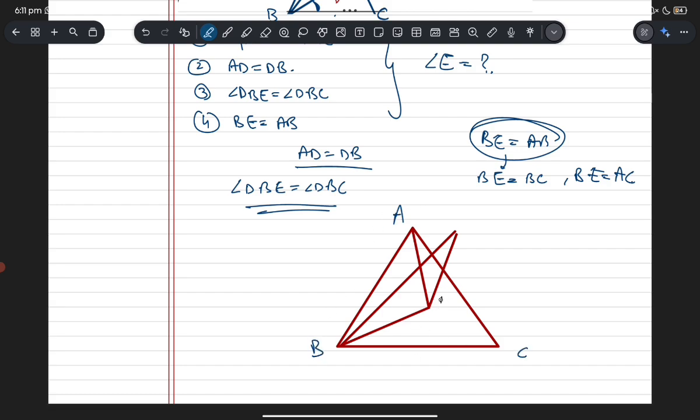This is D. And this is E. We saw this to be equal to this. Why? Triangle ABC is equilateral. And this is equal to this. So this is equal to all three sides. We have also been provided that these two angles are equal. We should have the intuition to think that we need to join these two, and these are the two triangles that are congruent. Triangle DBC and triangle DBE.